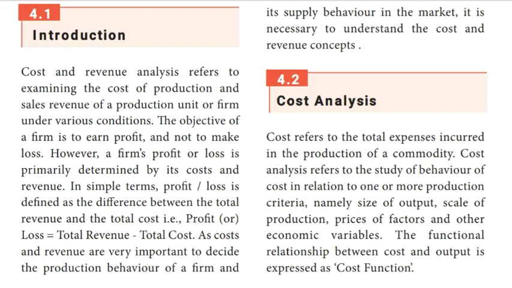The determinants of cost of production are the size of plant, the level of production, the nature of technology used, the quantity of inputs used, managerial and labor efficiency. Thus, the cost of production of a commodity is the aggregate of prices paid for the factors of production used in producing a commodity.